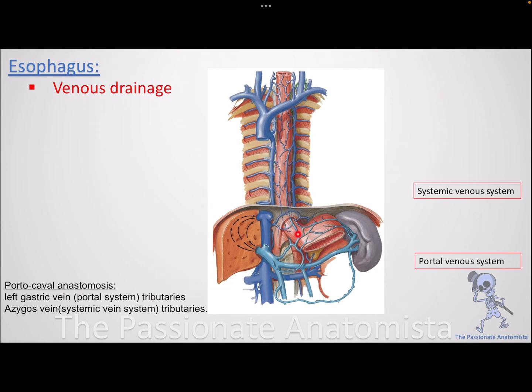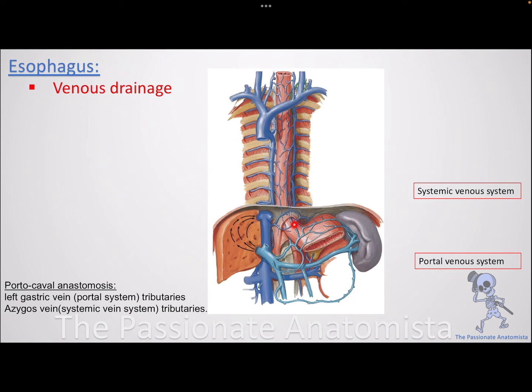Now, the problem with the esophagus is that we have two drainage systems. One drains into the systemic circulation, and another part at the lower end of the esophagus drains into the portal circulation, by the left gastric, because the left gastric drains into the portal vein. It goes then to the liver.